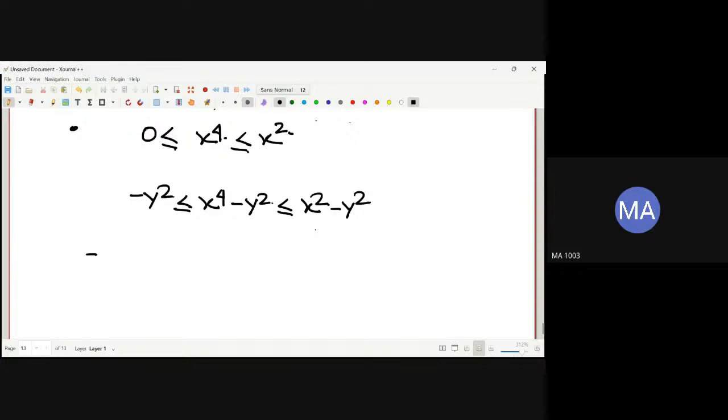This is y square divided by x square minus y square, and this is 1, right?